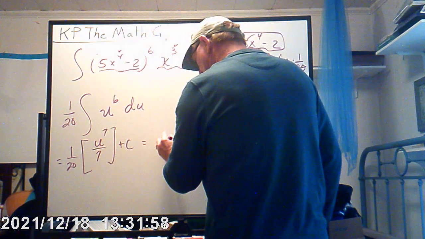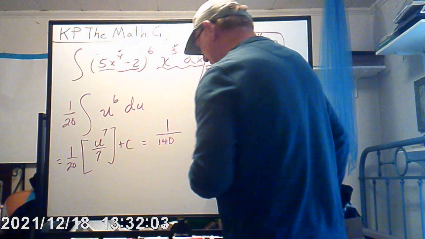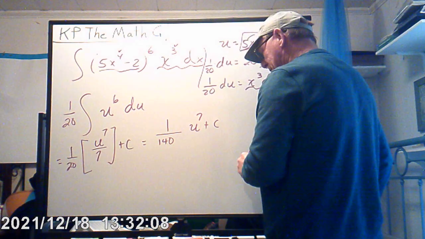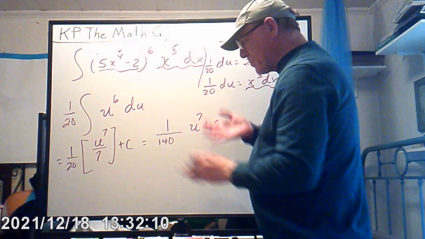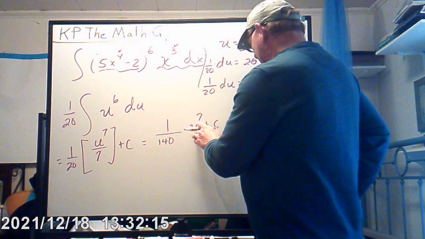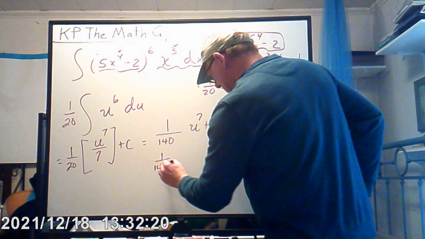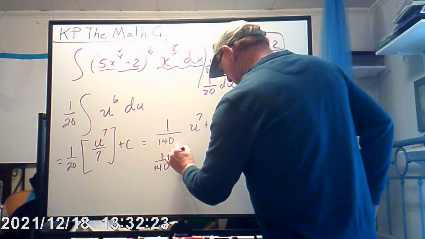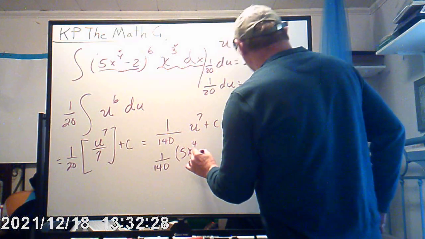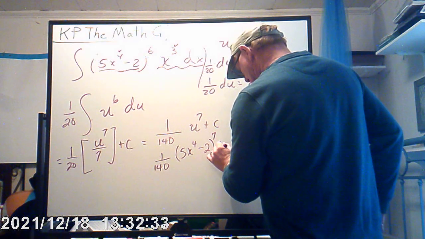So this is equal to 1 over 140 u to the 7 plus c. You can just put it all together like that. So now u to the 7th power is 1 over 140 times 5x to the 4th minus 2 to the 7th power plus c.